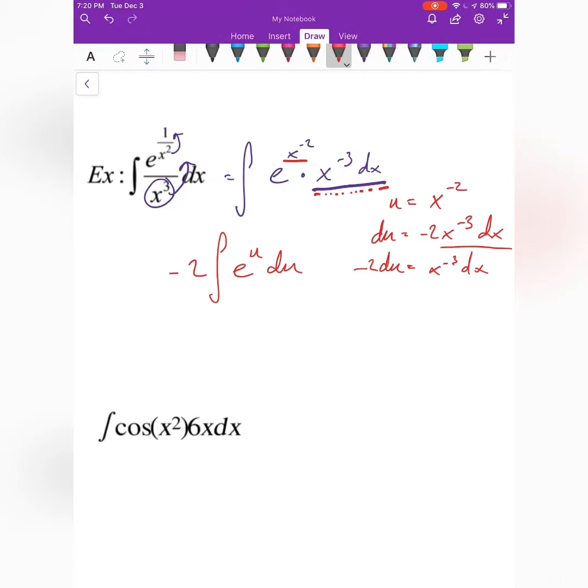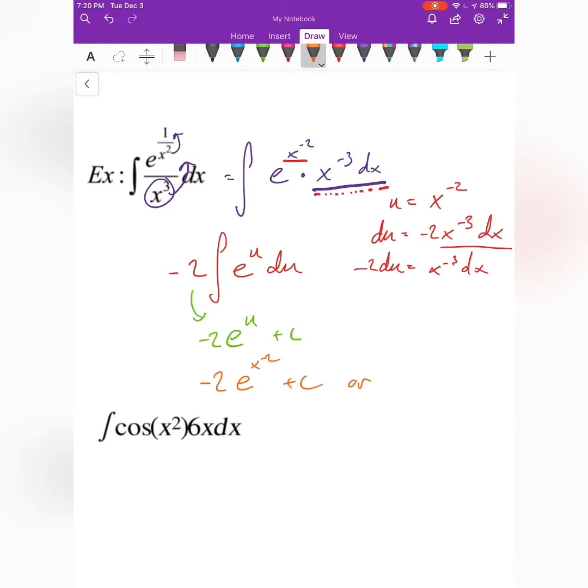Don't forget there's a negative 2 as well. So I like to tell people this is my favorite one because the integration of e to the u du is e to the u plus c. Bring down your coefficient, and last but not least, plug in whatever u was. So negative 2 e to the x to the negative 2 plus c.